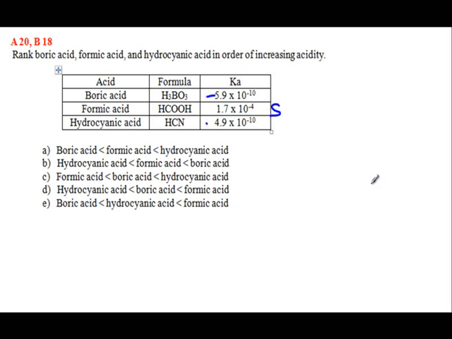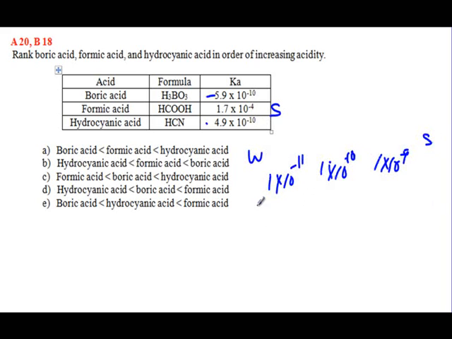You do what works for you, but you've got to get really clear on how the logs work. So let's say I have 1 times 10 to the minus 9, and 1 times 10 to the minus 10, and 1 times 10 to the minus 11. I'm just going to put them on a scale. So this is strong and this is weak.